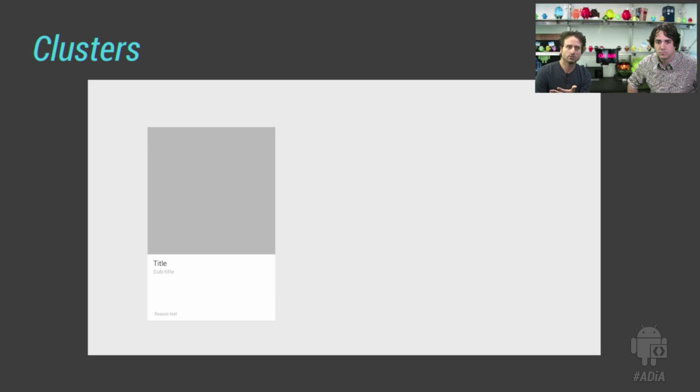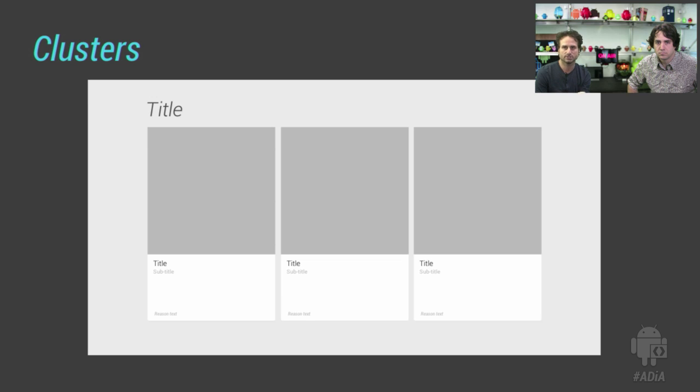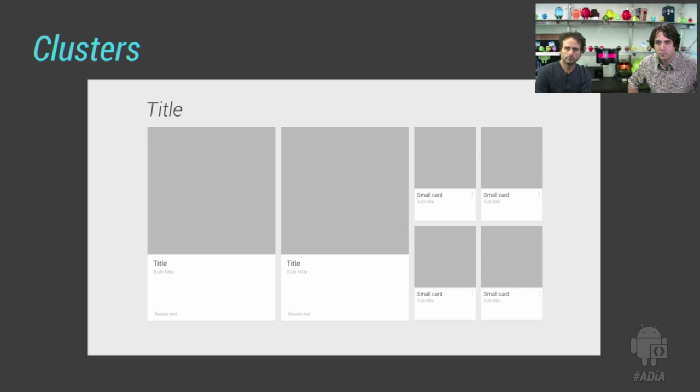Another notion that is key to our design is the notion of clusters. So once you have multiple cards next to each other, because of the visual psychology law of proximity, you perceive it as one unit, a cluster. And that allows us to display collections in this way. We also made these collections to be dynamic and follow that hierarchy that I talked about before by allowing a cluster to have different modules in them.